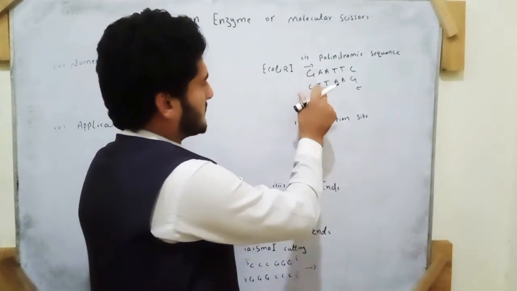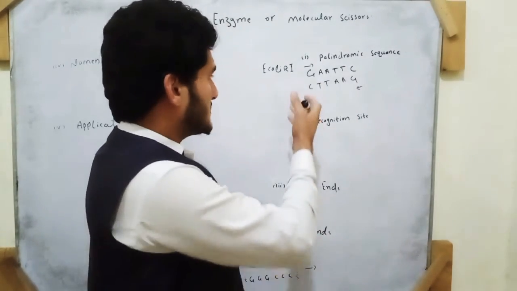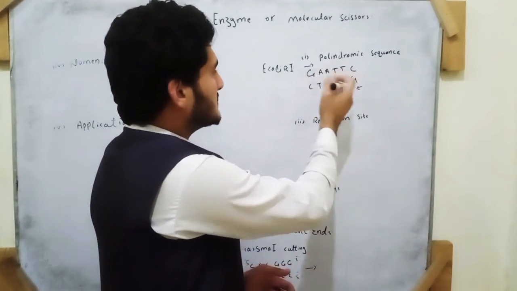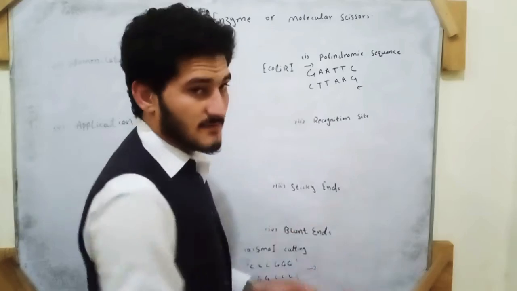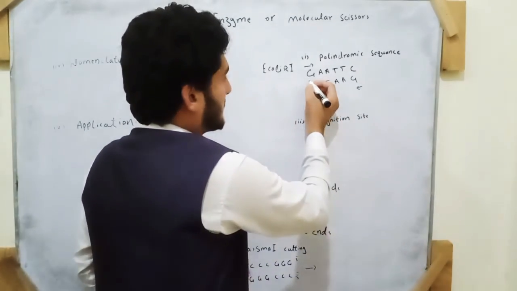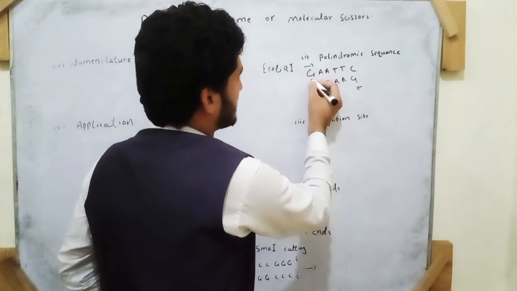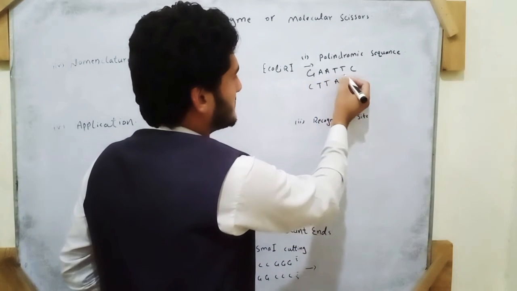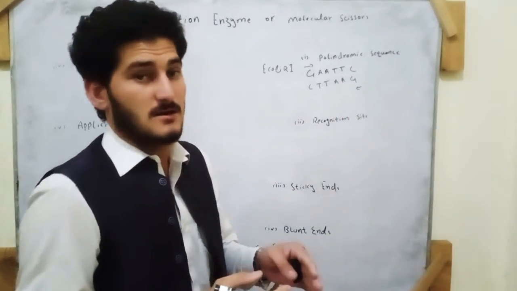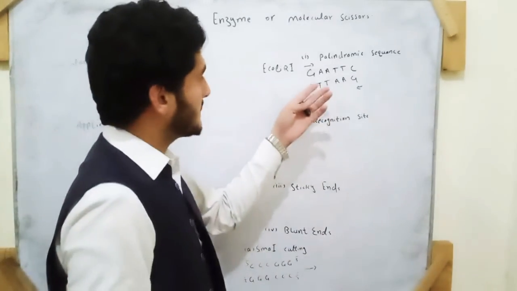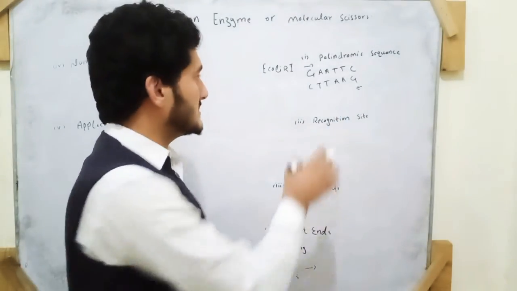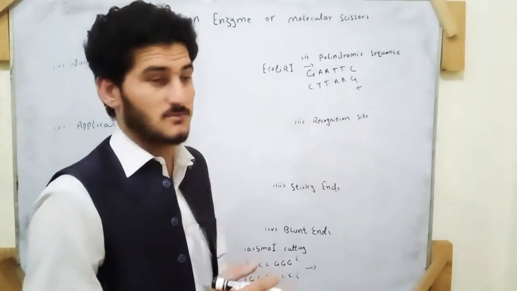If you see this example, we read this sequence either from upstream or from downstream. If we try that, GAATTC and GAATTC become similar from either upstream or downstream. So this is the palindromic sequence.